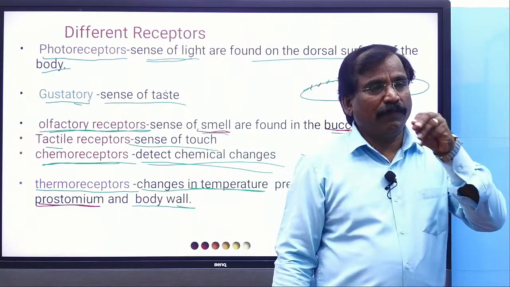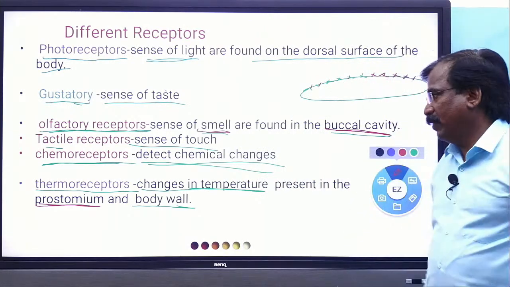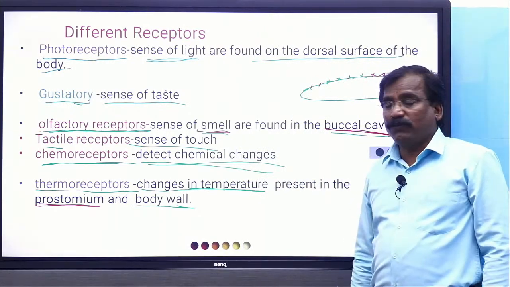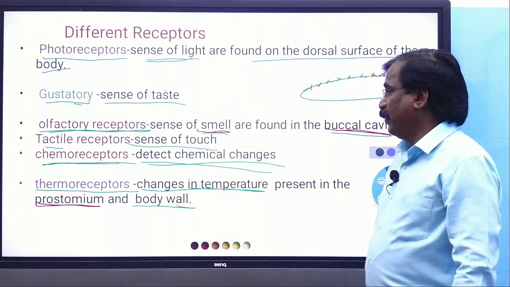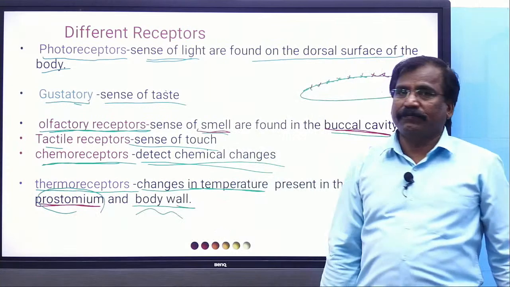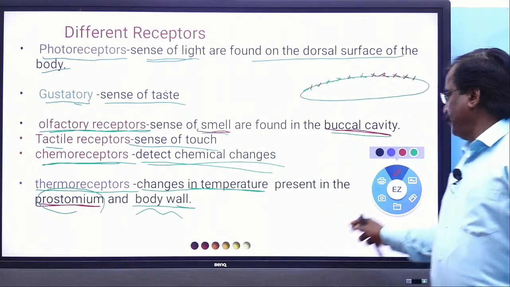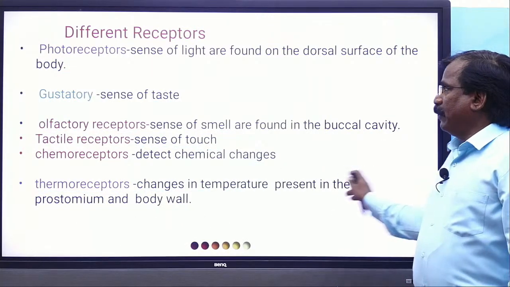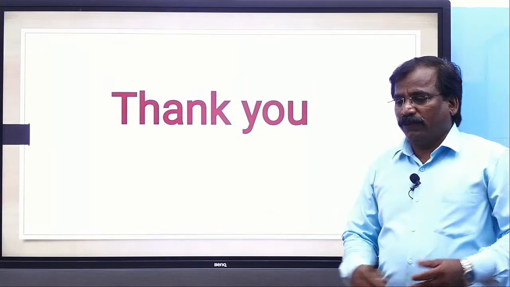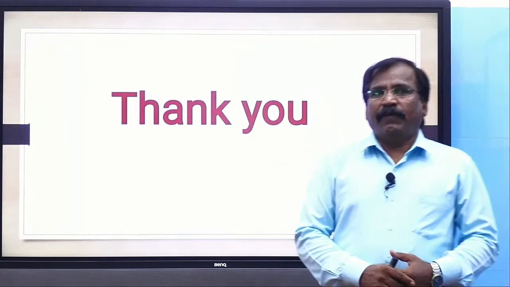It is the lip-like structure projecting outside from the peristomium, the first segment. The thermoreceptors are located in the prostomium and body wall. Okay, that's all about today's task. Any doubt?